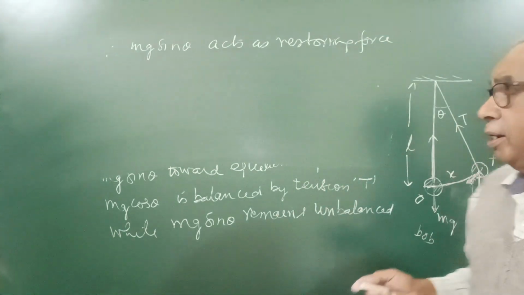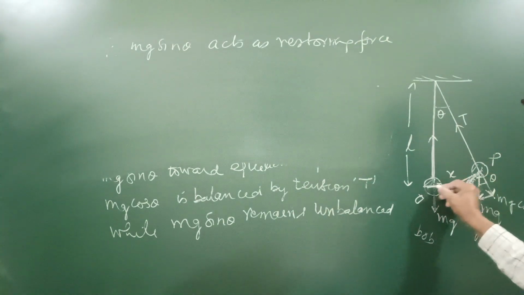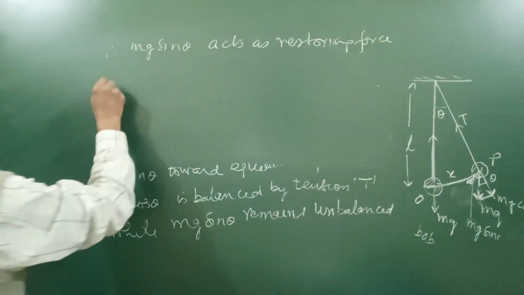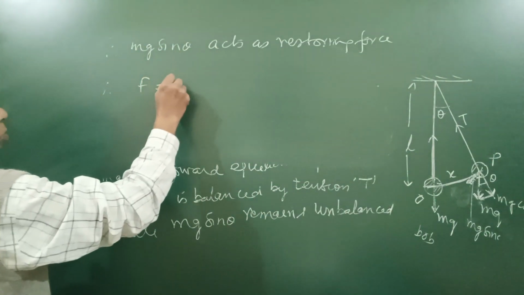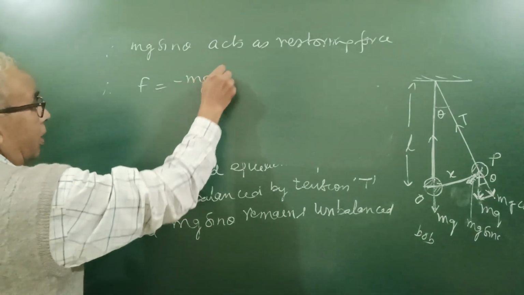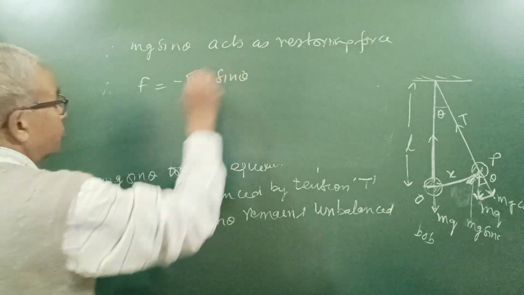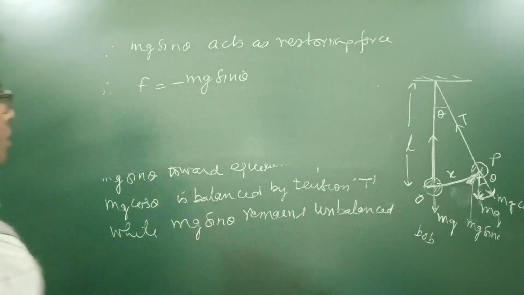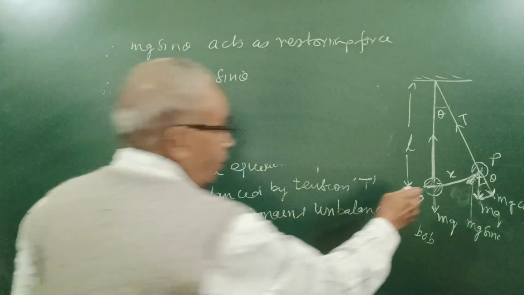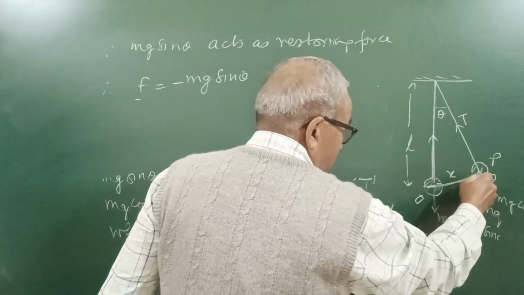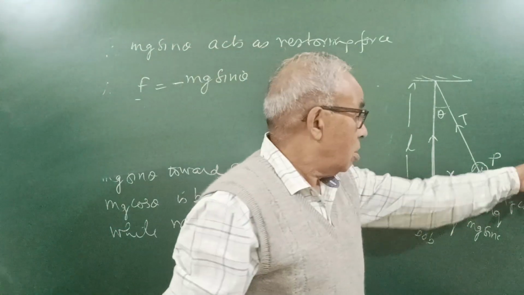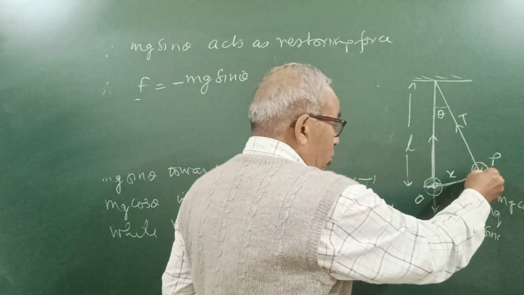So certainly it will be acting toward the equilibrium position, opposite to displacement x, and hence we write F equal to minus mg sin theta. The minus sign indicates that this force is opposite to displacement x, but displacement is always measured from the equilibrium position, and force acts opposite to this.